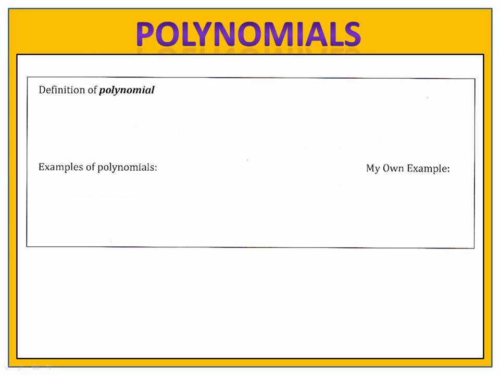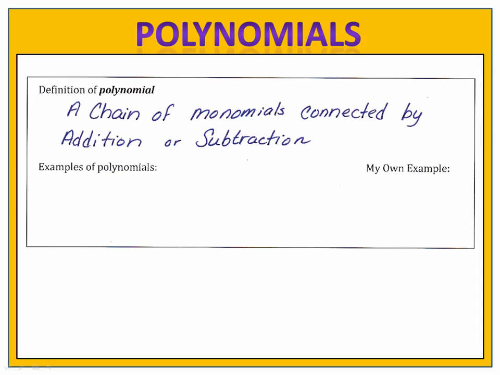If we connect several of these together, we have a polynomial. A polynomial is a chain of monomials that are connected by addition or by subtraction. An example of a polynomial is 3x plus 2. Notice here we have two monomials. They're connected by addition.